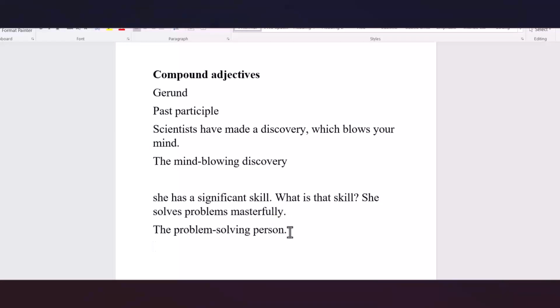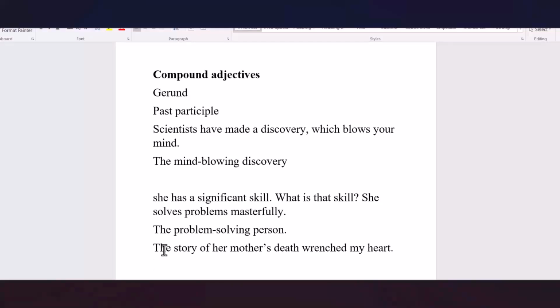Another example: the story of her mother's death wrenched my heart. So this story was heart-wrenching, as this story wrenched my heart. So when you refer to this story, you have more information to pin down this story.